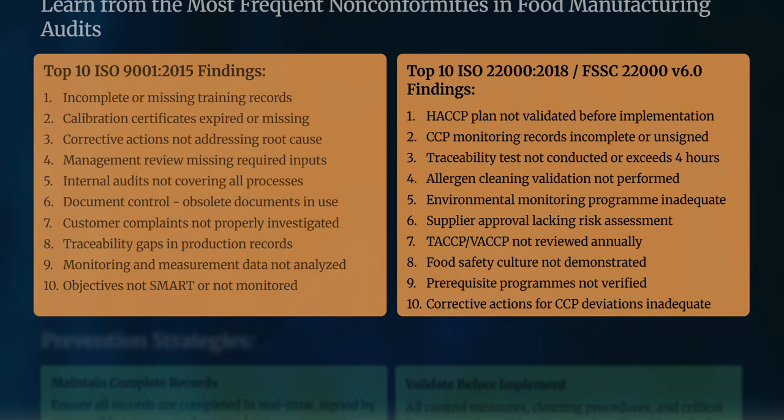The first finding is HACCP plan not validated before implementation, CCP monitoring records incomplete or unsigned, traceability tests not conducted or exceeding 4 hours, allergen cleaning validation not performed, environmental monitoring program inadequate, supplier approval lacking risk assessment, TACCP or VACCP not reviewed annually, food safety culture not demonstrated, prerequisite programs not verified, and corrective actions for CCP deviations inadequate. Those are the top 10 ISO 22000:2018, FSSC 22000 version 6 findings that you need to avoid.